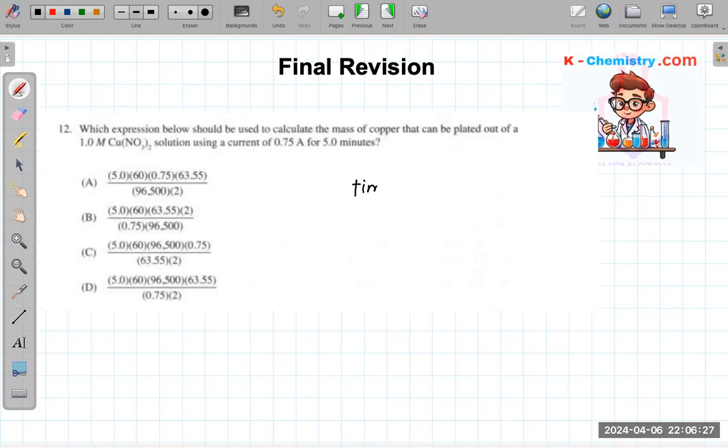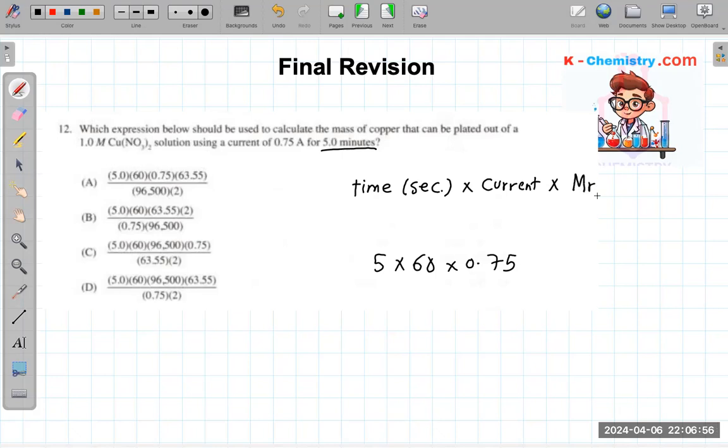The time in what? In seconds, and here I have the time in minutes, so multiplied by 60, multiplied by the current, which is 0.75, multiplied by... I forgot the equation.